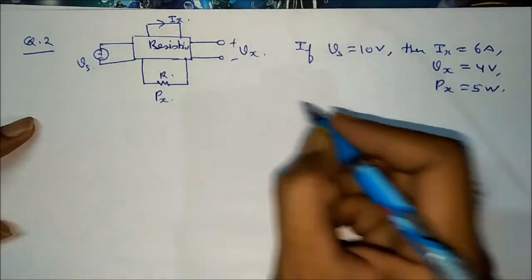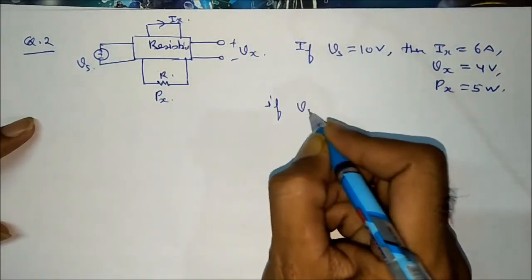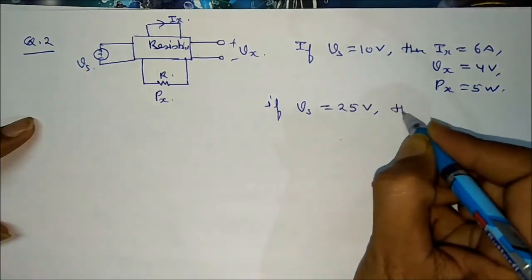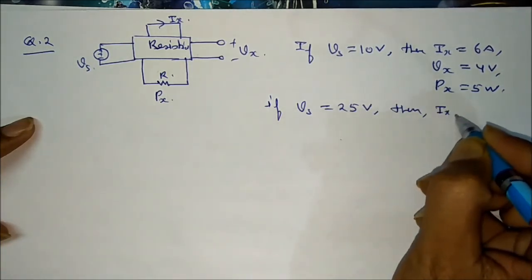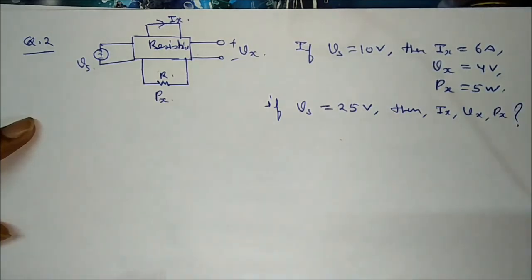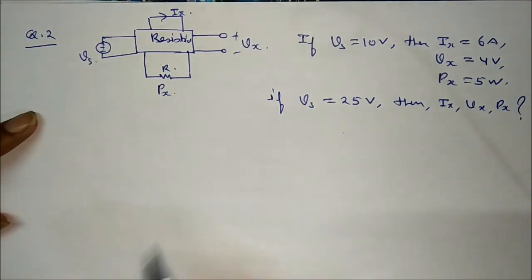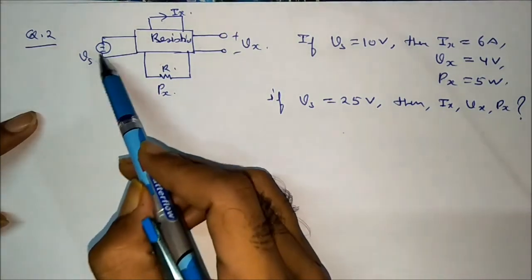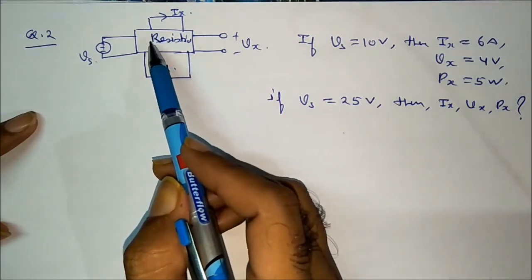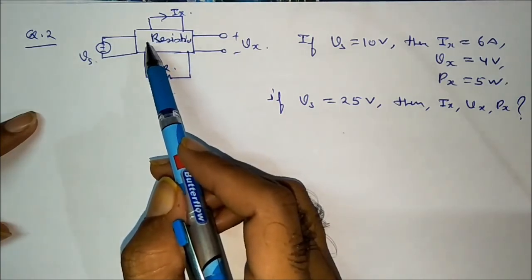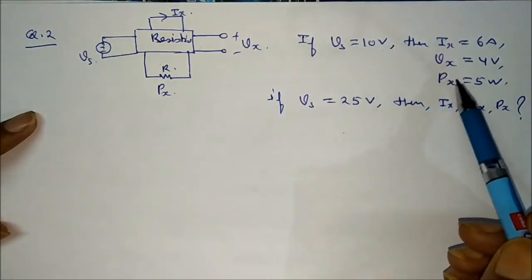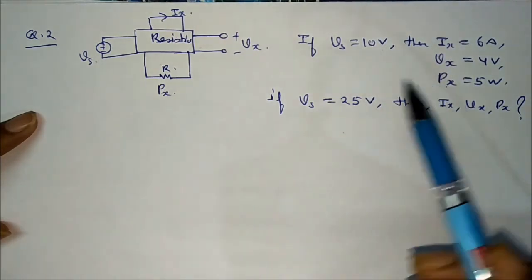Now it is asking, if Vs is equal to 25 volt, then what will Ix, Vx and Px be? So we know that there is a single independent source present in the network, and if Vs is 10 volt, the Ix, Vx and Px responses are given to us.